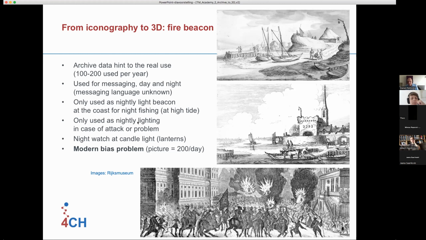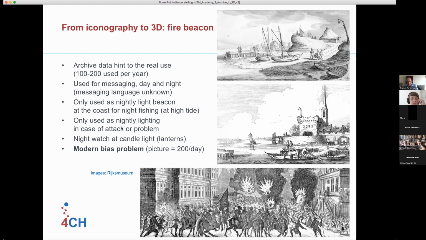So was it used for lighting? Yes, it was. We have depictions of that, but only when there was, let's say, an attack or a problem. Then they could use these portable versions to give light, but not on a daily basis. Because what you saw in the picture is a use of about 200 of these rings per day, not per year.